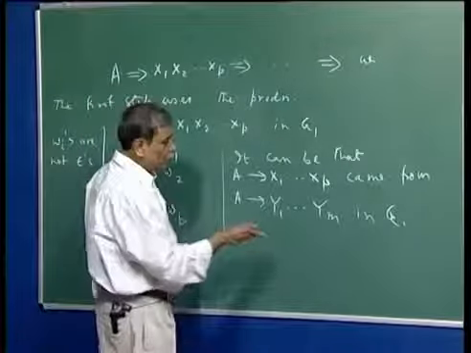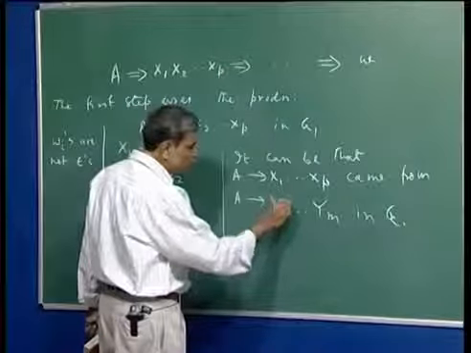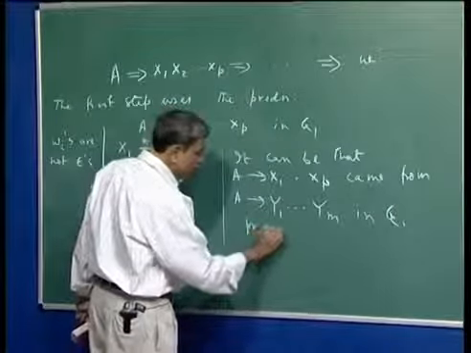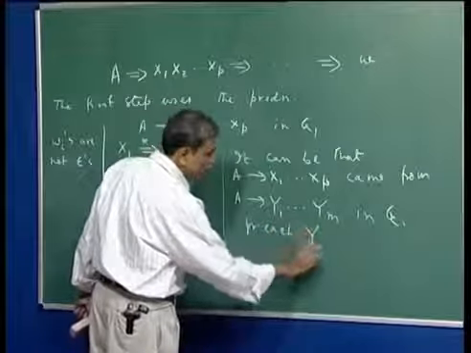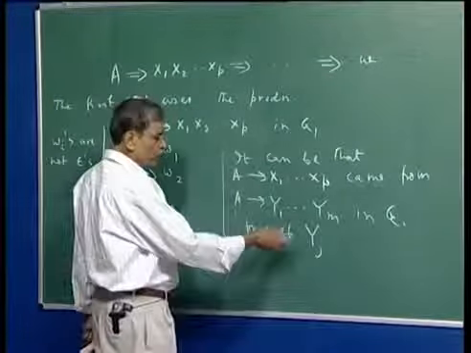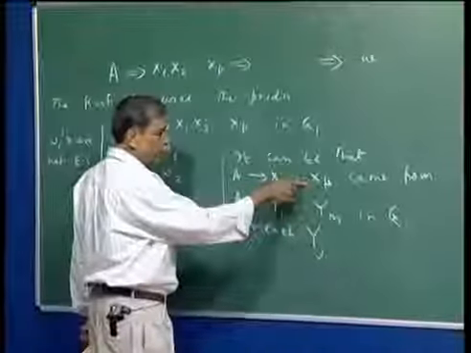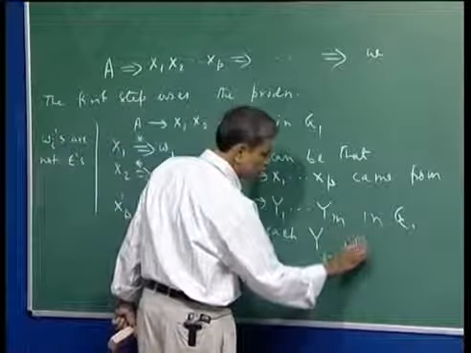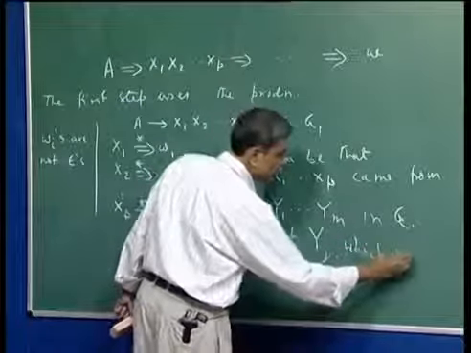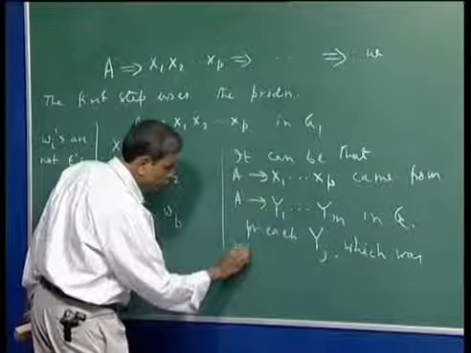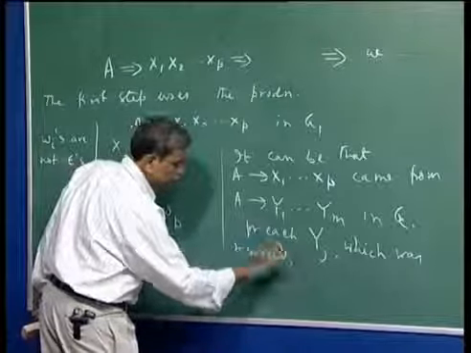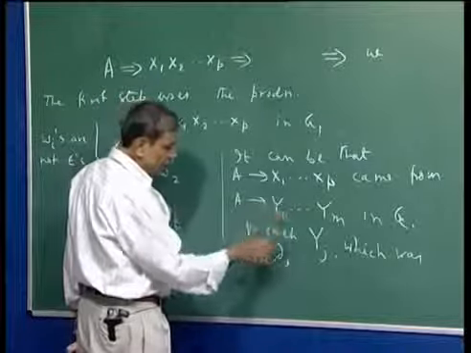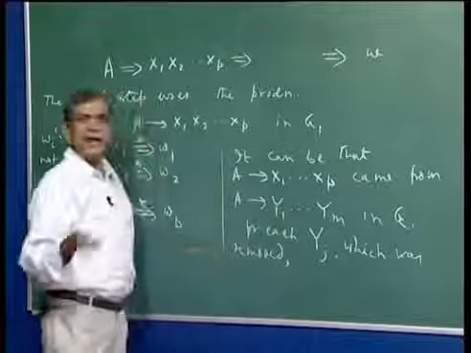So for each yj which got removed to obtain this particular production, we start with this production and rewrite those yj's as epsilon.